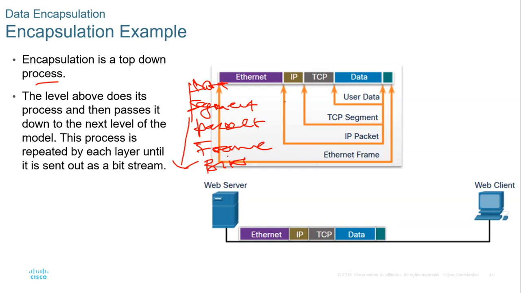Since it's the encapsulation process, as you can see, it's user datagram. The level above does its process and then adds to each level down to the next level of the model. This process is repeated by each layer until it is sent out as a bit stream.